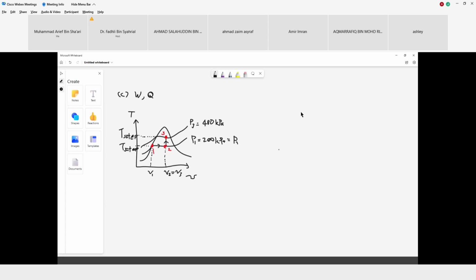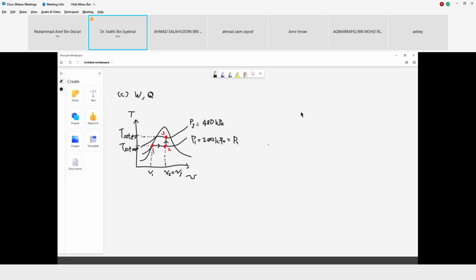Okay, so here is our PV diagram. So let's find the work done, or total work. For total work, as what we learned before, the area under the graph is referring to the work done or boundary work, right?